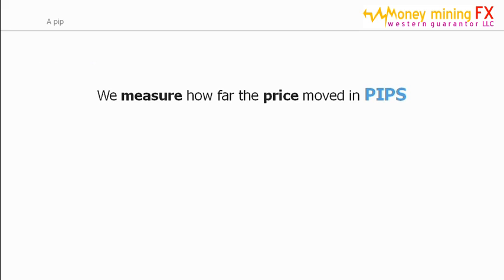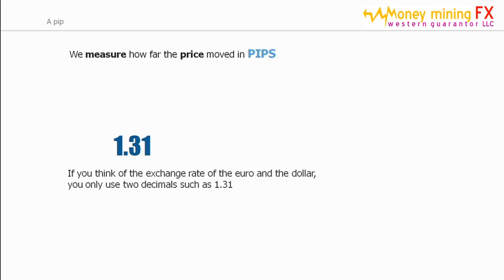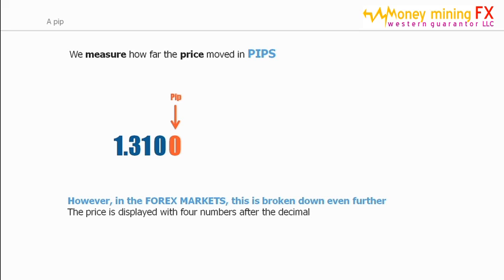You will find that we refer to pips throughout the lessons. We measure how far the price moved in pips. If you think of the exchange rate between the euro and the dollar, euro-US dollar, you only use 2 decimals, such as 1.31. However, in the Forex markets, this is broken down even further, and we observe the price as 1.3100. The last number, the last zero, is the pip.